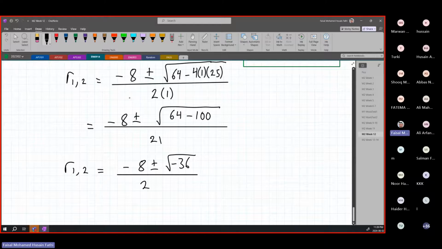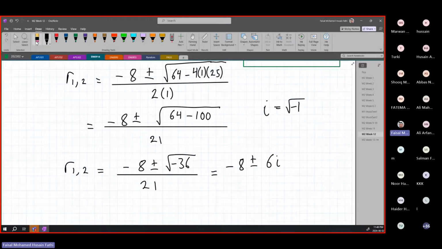If you do not know, the square root of negative 36 is going to be 6 times i. When you have the square root of minus 1, that is basically i, because i is equal to the square root of minus 1. So it is a complex number. This is what is known as a complex number.